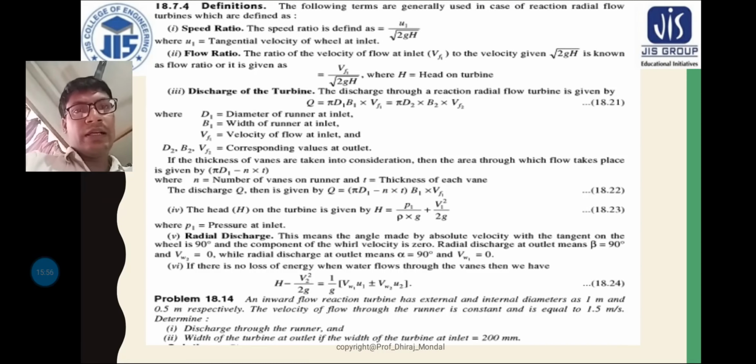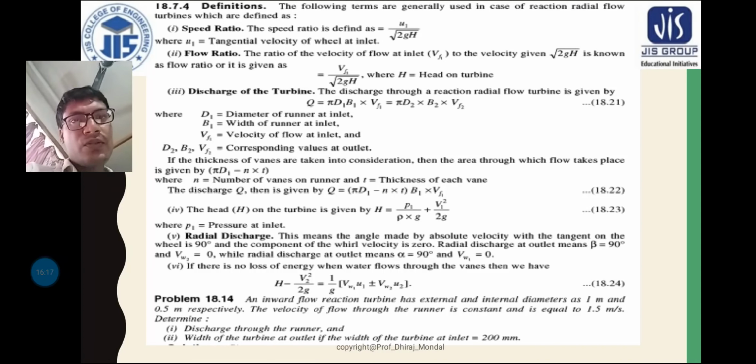at outlet. Now if I am considering the thickness of the vane, if the thickness of the vane is taken into consideration, then the area through which flow takes place is given by pi d1 minus n into t, where n is the number of vanes on the runner and t is the thickness of each vane.